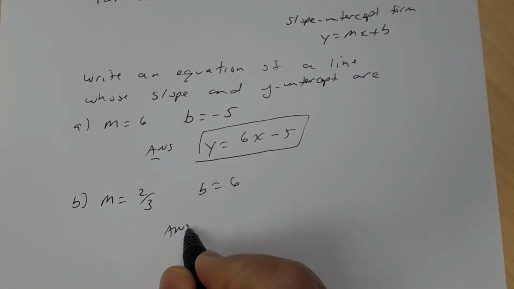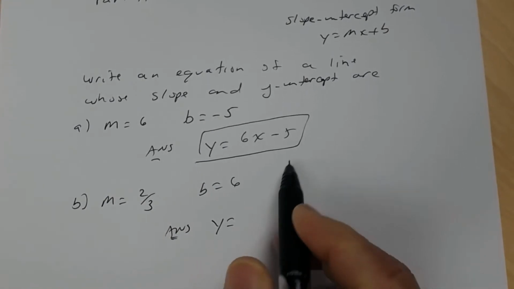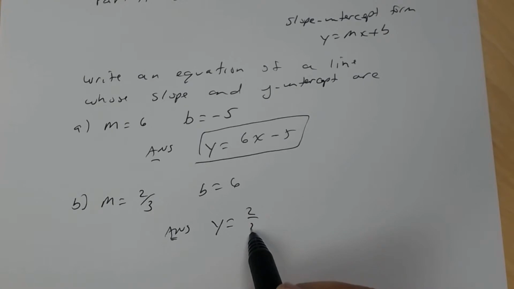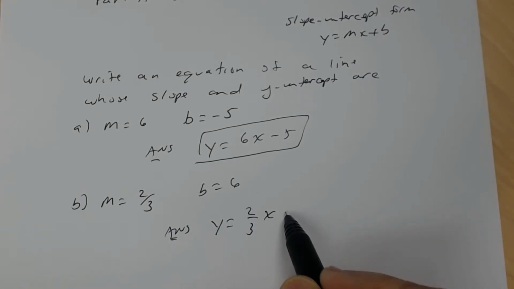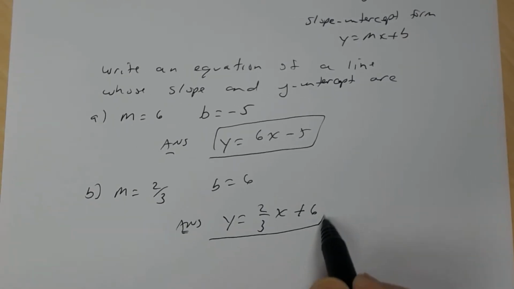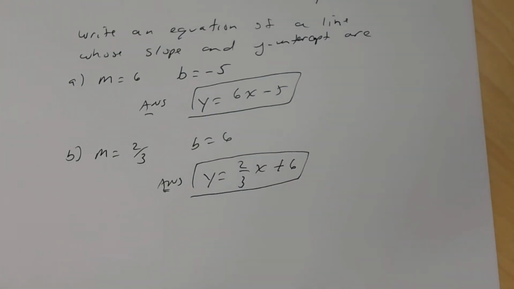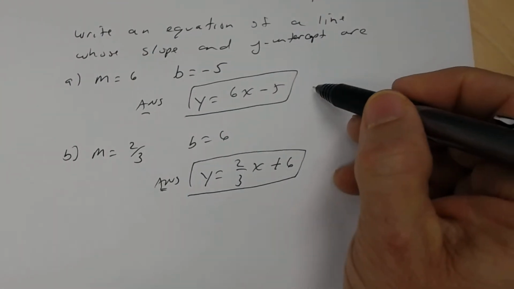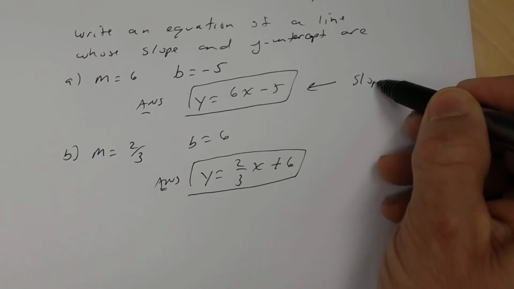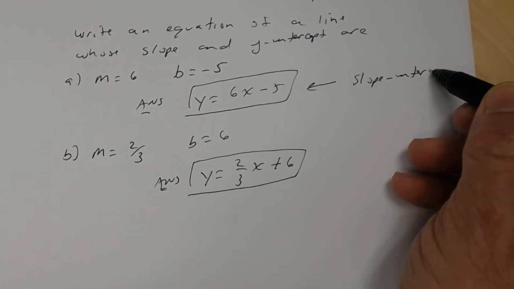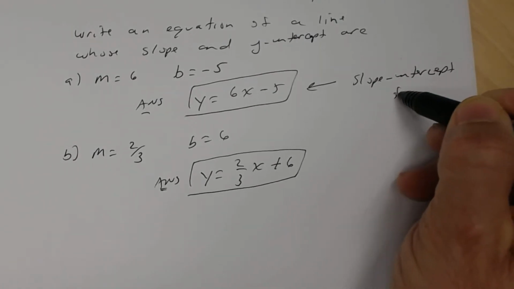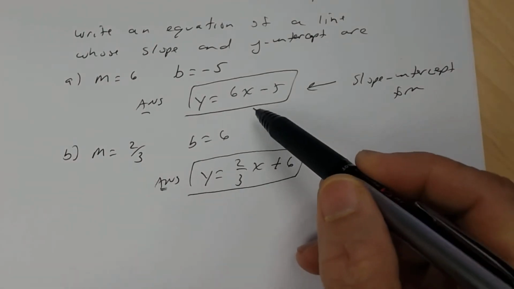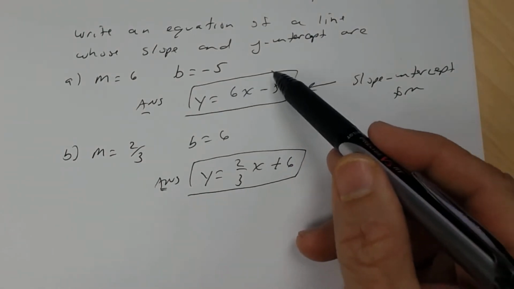So the answer will be y equals, the slope is 2/3 times x, and then plus 6. And it's easy to check because these are all in slope-intercept form. Once they're in slope-intercept form, it is easy for you to determine the slope and the y-intercept.